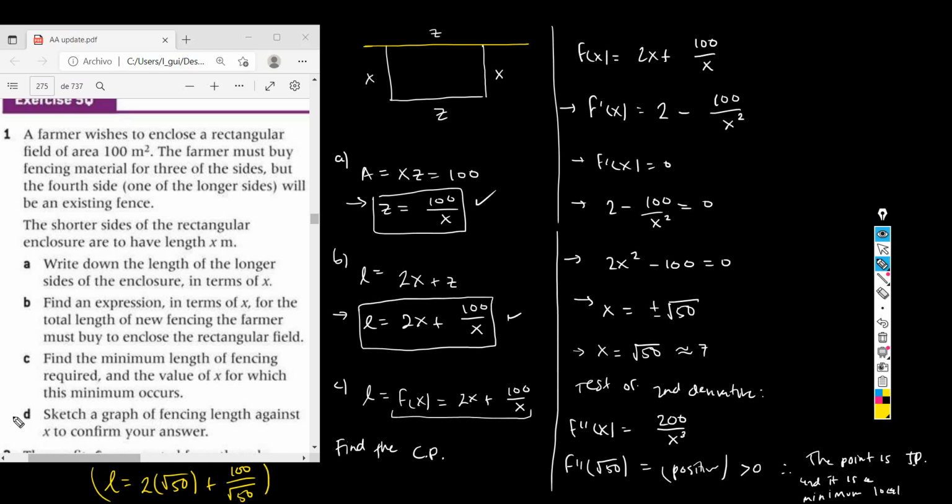So there you go. D. Sketch a graph of fencing length against x to confirm your answer. So basically, guys, just grab your TI or Desmos, input this function, and you will see that its minimum happens when x is exactly this value. All right, so that's how we can minimize the length of this enclosure, and it finishes this problem.